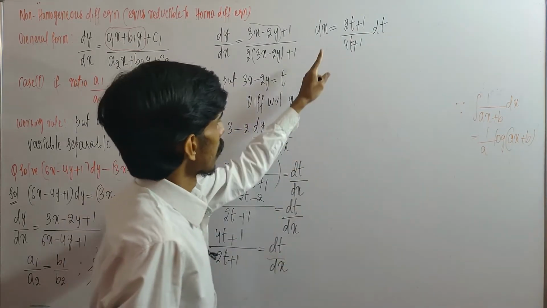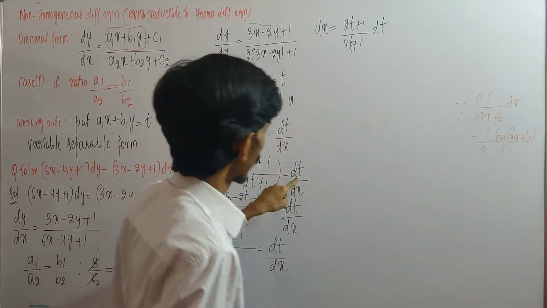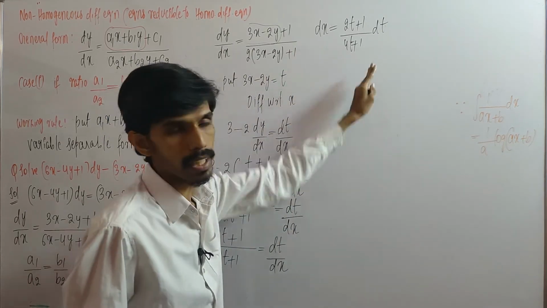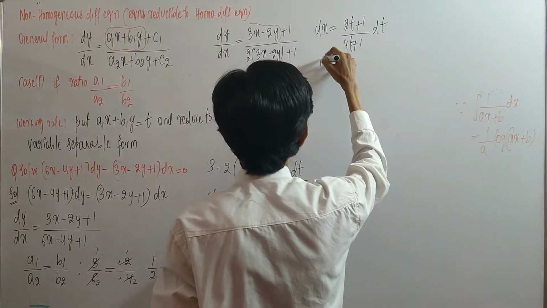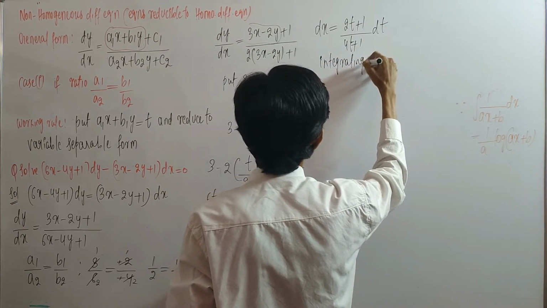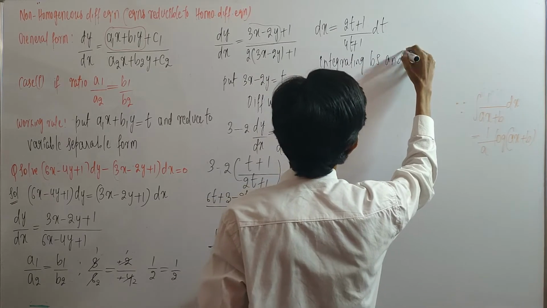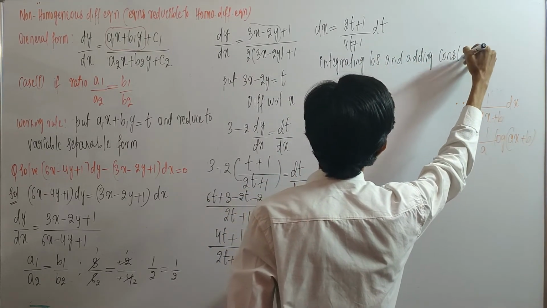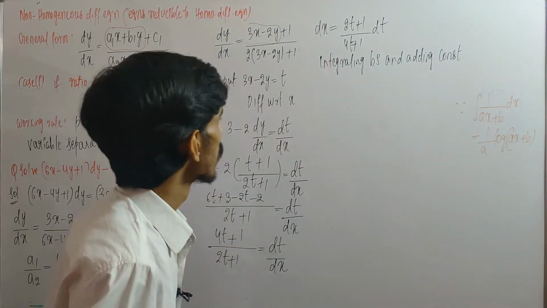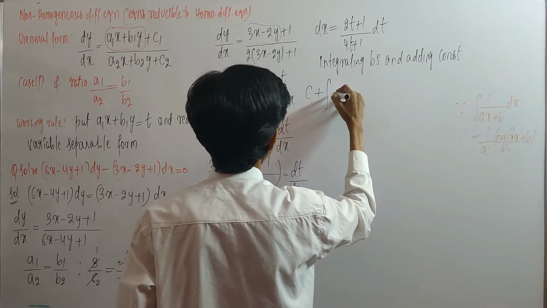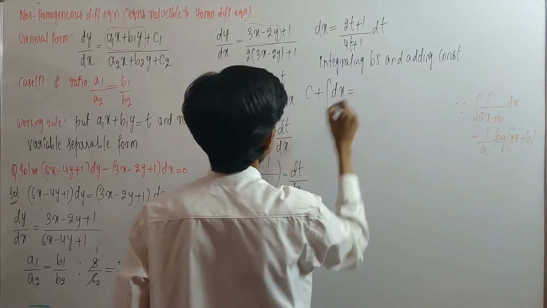That is, the two variables t and x are separated. X variable one side, t variable other side. Now the next step is integrating both sides and adding constant on either side. So here I add constant c plus integration dx.